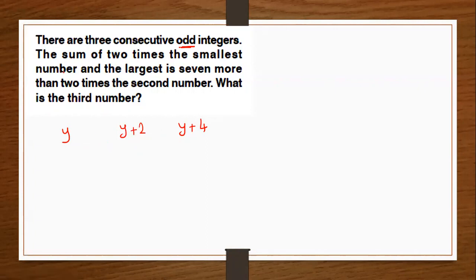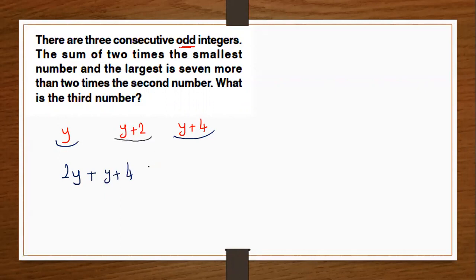Now, the question is the sum of 2 times the smallest number, which is this: 2 times smallest number. And the larger number is this one, y plus 4, is 7 more than 2 times the second number.